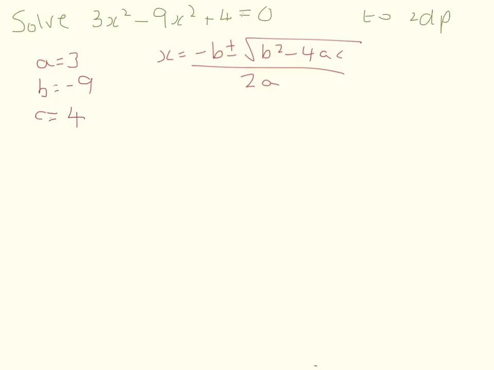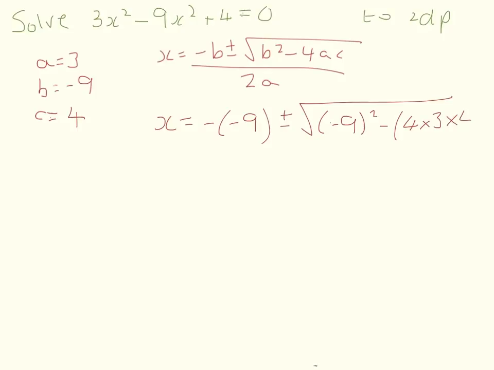Okay, so we're now just going to substitute everything in. x equals minus b plus or minus the square root of b squared minus 4ac, and that is divided by 2 times 3.